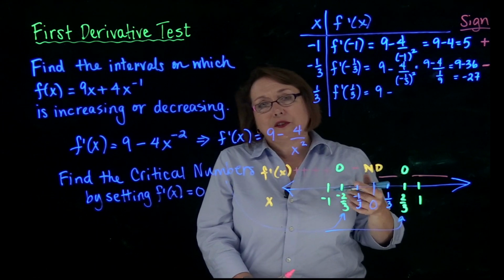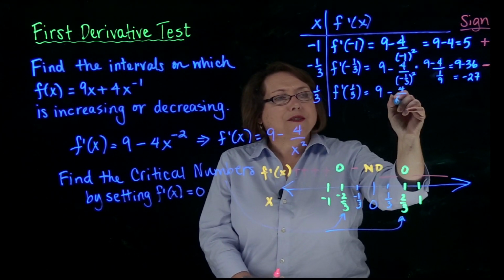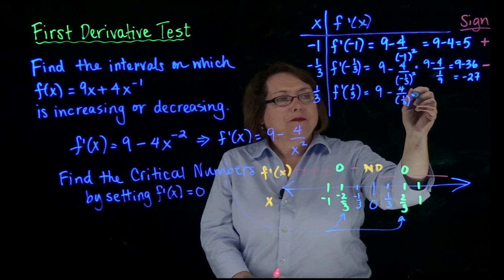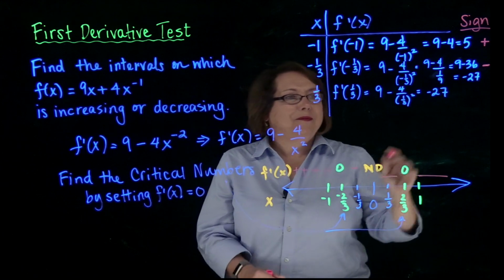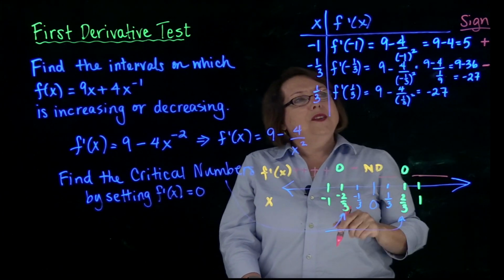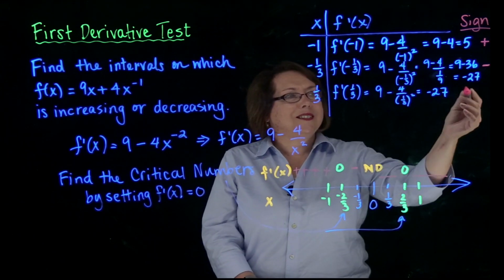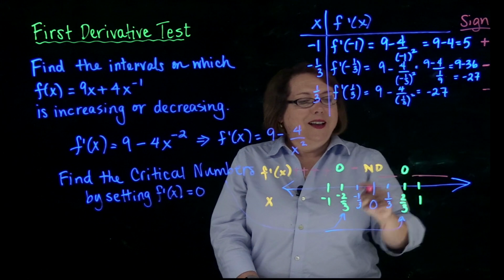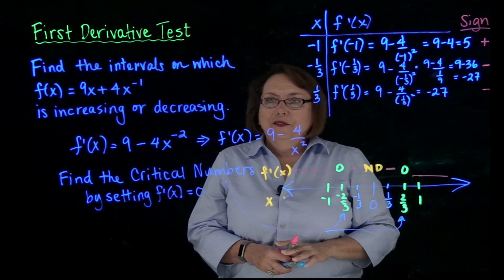It doesn't matter if it's positive or negative, I'll always get a positive result. So we'll end up with negative 27 again, because it'll be 4 divided by 1/9, which is 4 times 9, or 36, so 9 minus 36 is negative 27. Our third region here is negative.